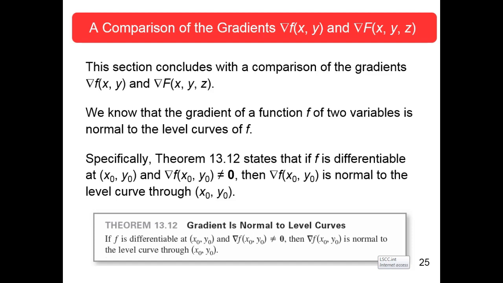So now that says the gradient is normal to level curves if f is differentiable at x0, y0, that's the function in 2 dimensions, and del f is not the 0 vector, in other words, the gradient vector is not the 0 vector, then del f at x0, y0 is normal to the level curve through x0, y0.